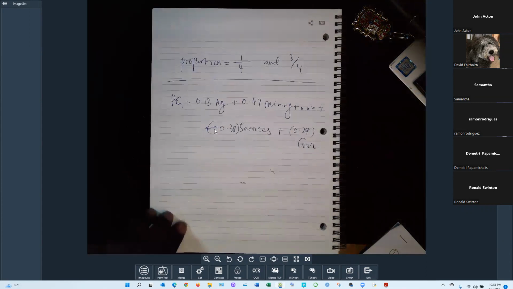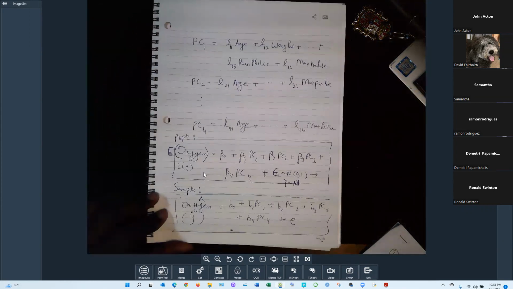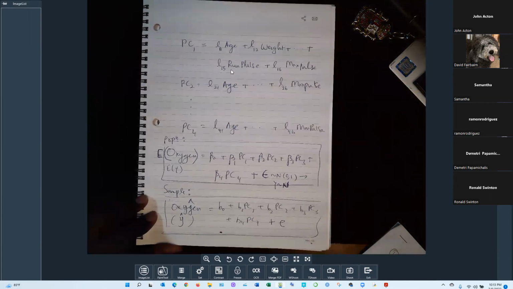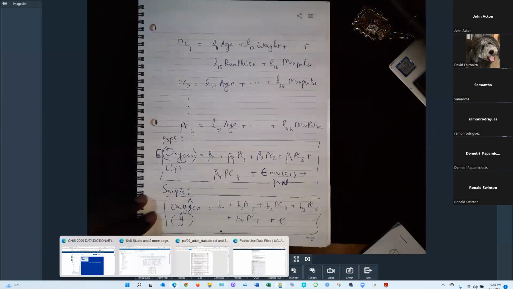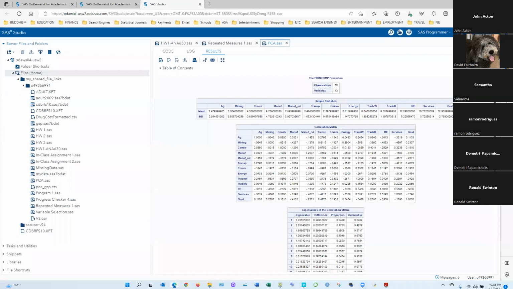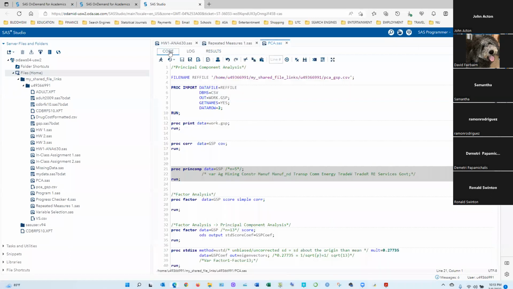If you go back to the example that we were talking about, look at this cross-state product data set.